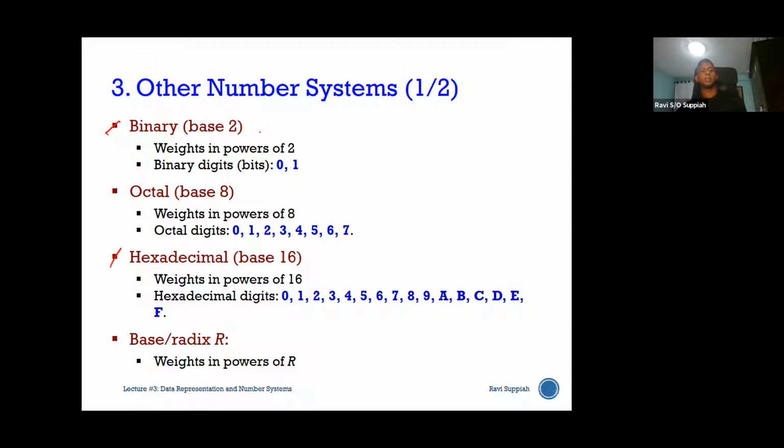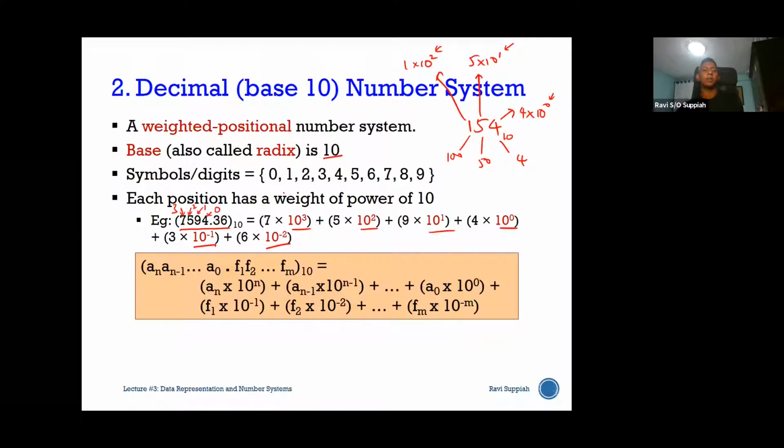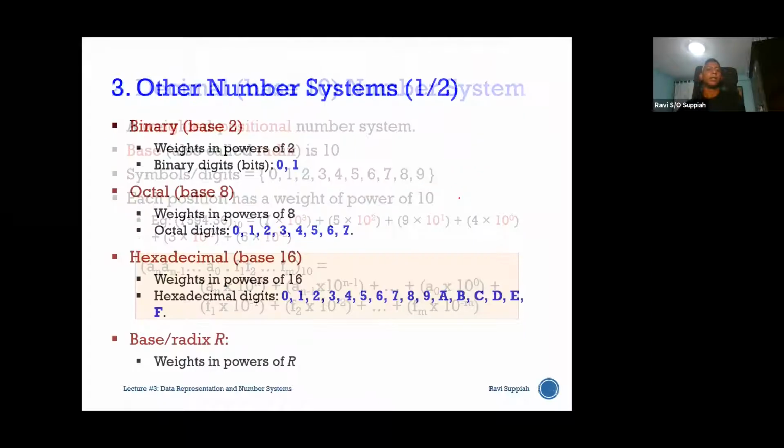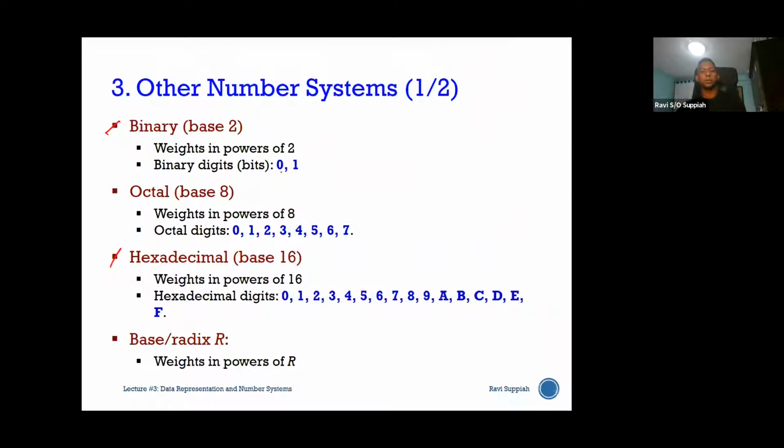Base 2 means there are only two possible values. Previously we say it's base 10 because there are 10 possible values, 10 symbols, 0 all the way to 9. So these are 10 different symbols, so we say base 10. In a base 2, there are only two possible symbols, 0 and 1. So this is the binary weighted position system. The other one is the hexadecimal system, where you weight in terms of base 16.